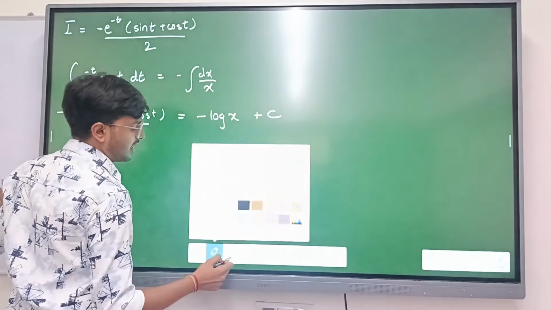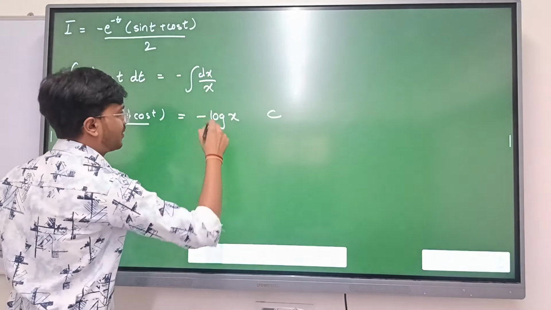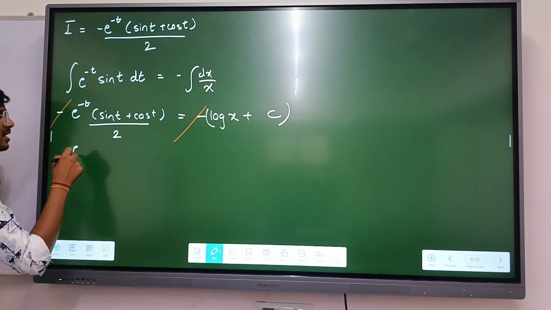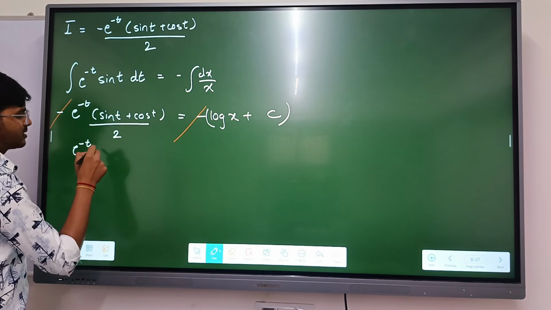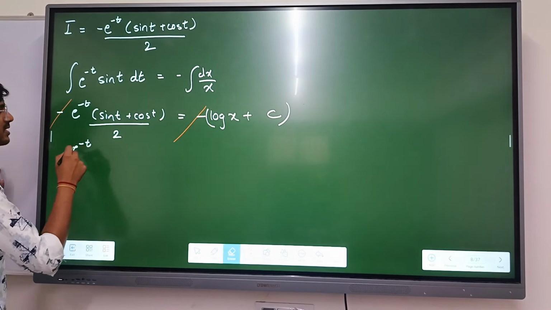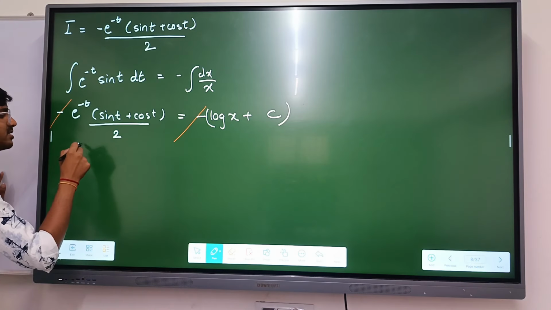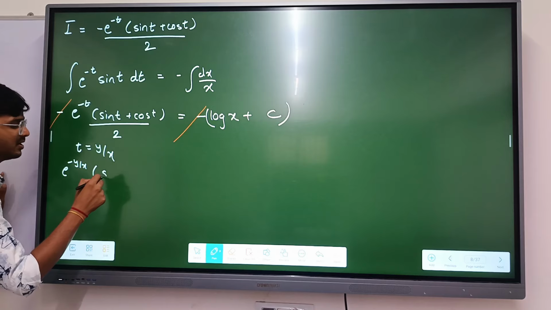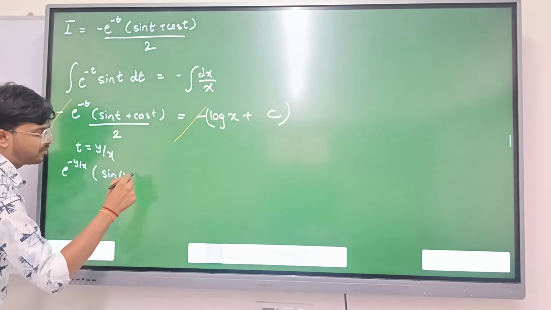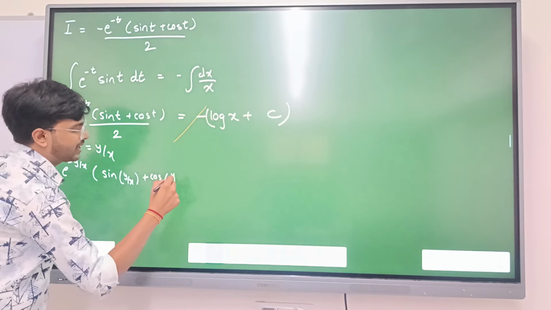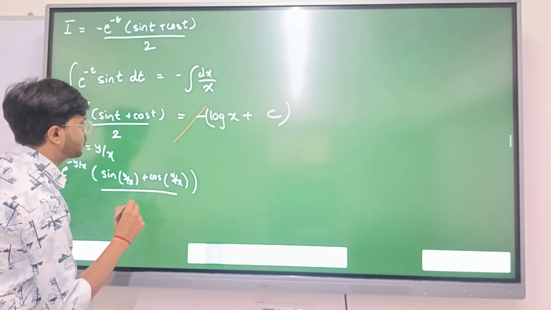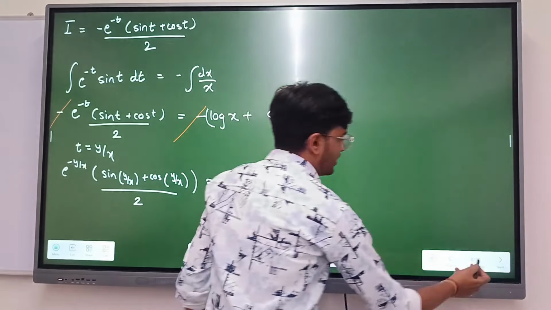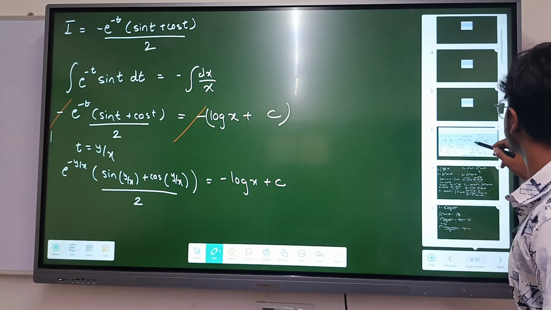I can directly cancel out the minus here. Now what is t here? t was y by x. So I get e^(-y/x) into sin(y/x) plus cos(y/x) divided by 2 equal to minus log x plus c. Let's see if any of the options matches this.